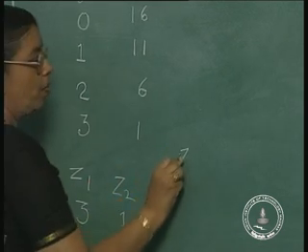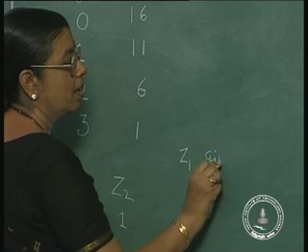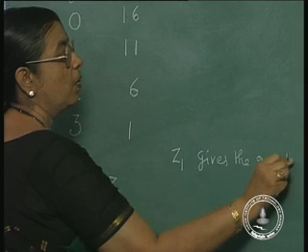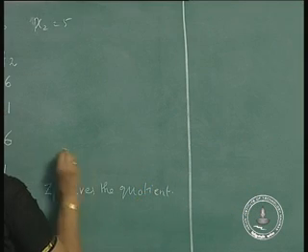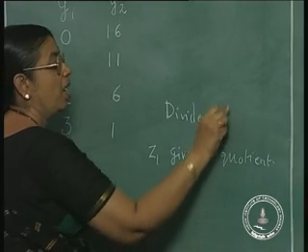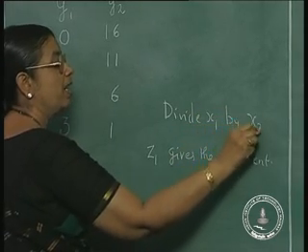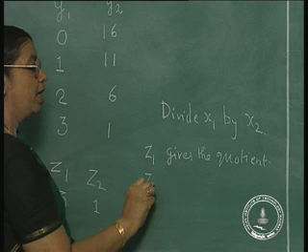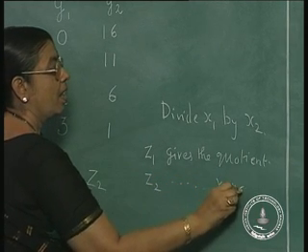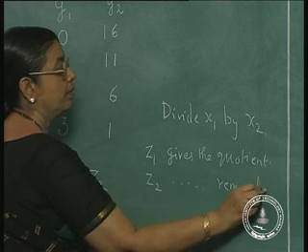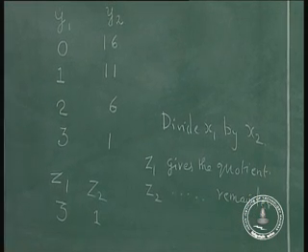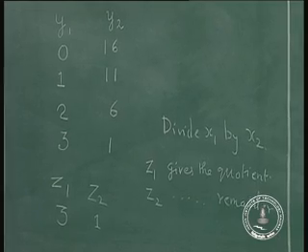So, z1 gives the quotient when you divide x1 by x2, and z2 gives the remainder. This is what the program does.